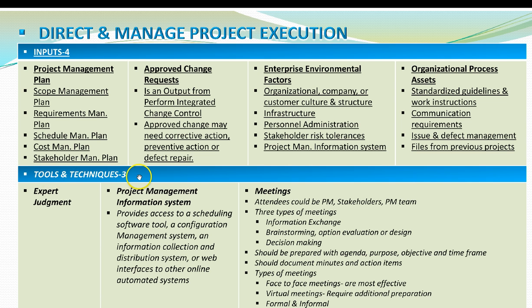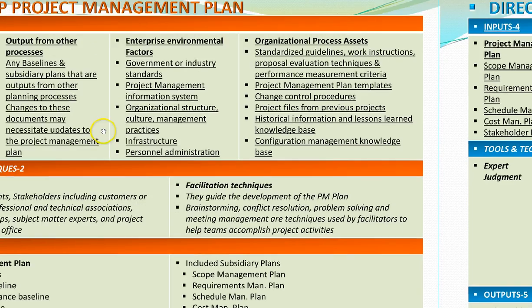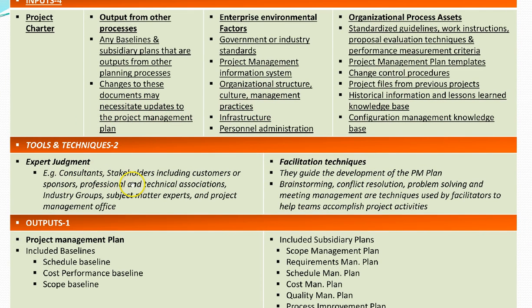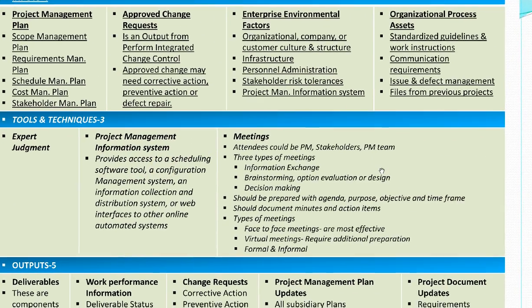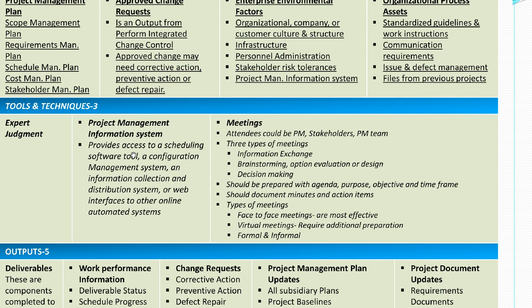Then we have 3 tools and techniques. One is expert judgment, project management information systems, and meetings. The expert judgment is the same as that we have over here: consultants, stakeholders, customers, sponsors, SMEs, PMO. And the project management information system.